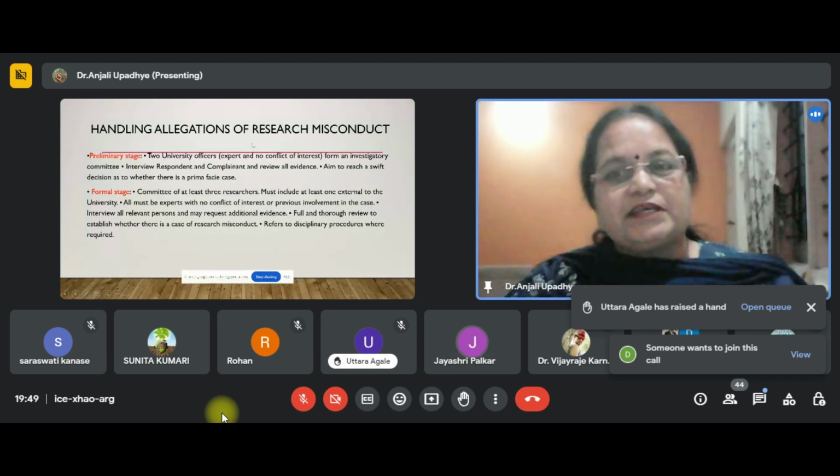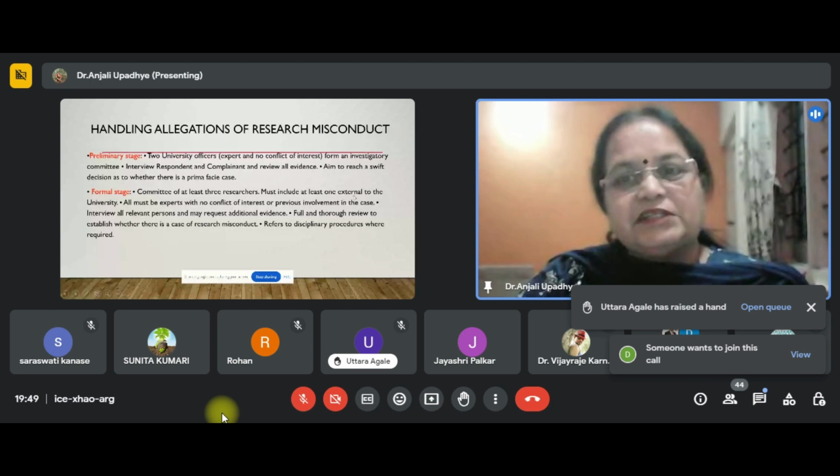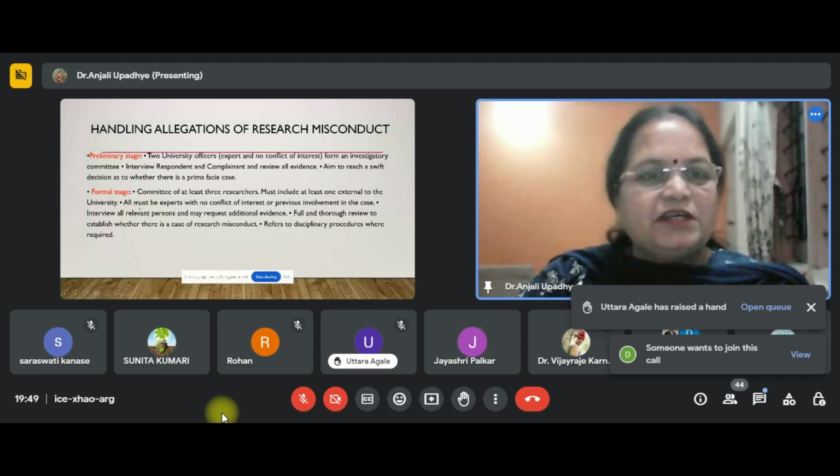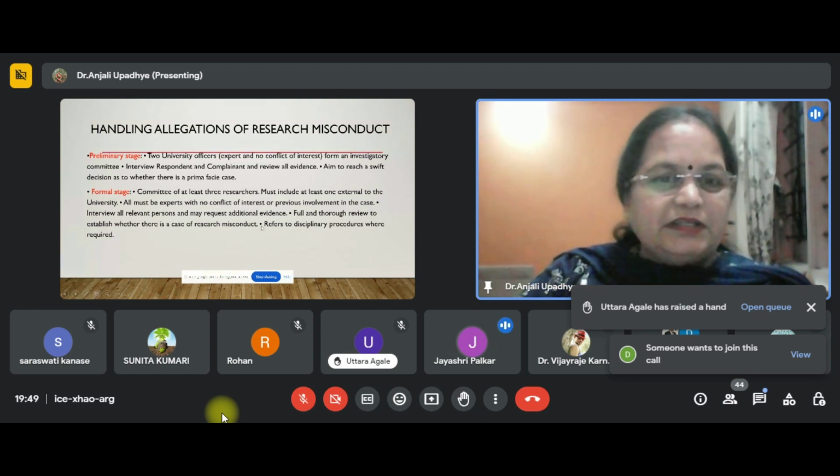The university officers come together to find the case, and then the formal committee is there, with three researchers, which must include one external to the university. All the experts give advice, the case is thoroughly discussed, and justice is given to the author.